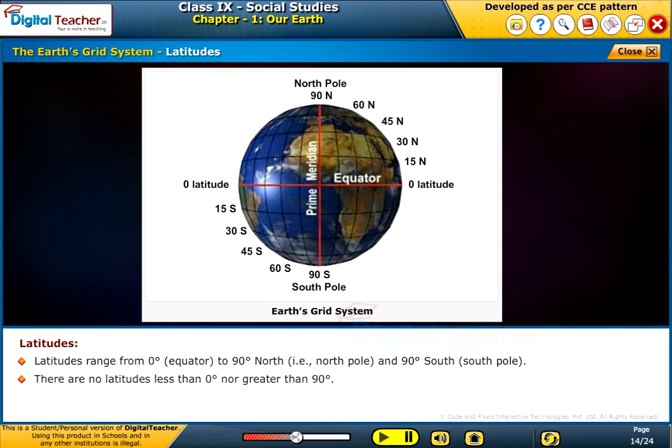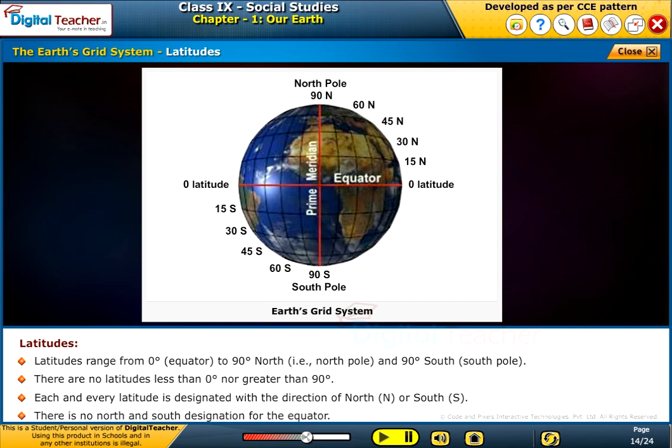There are no latitudes less than 0 degrees nor greater than 90 degrees. Each and every latitude is designated with the direction of north N or south S. There is no north and south designation for the equator.